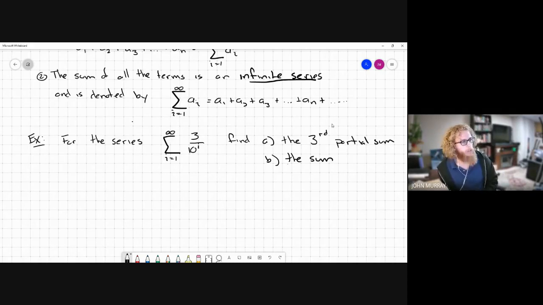So we have the series from 1 to infinity, so that just tells us that we're dealing with an infinite sequence of 3 over 10 to the i power.